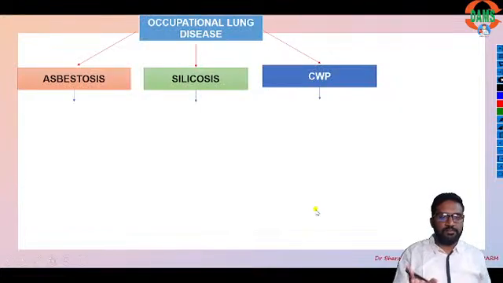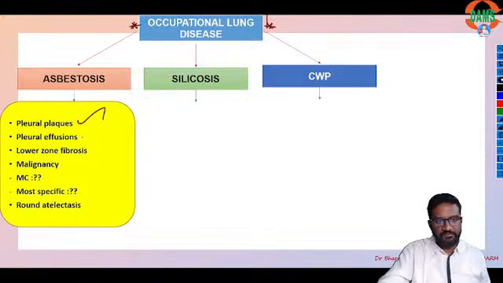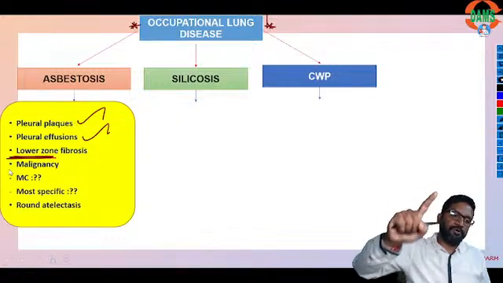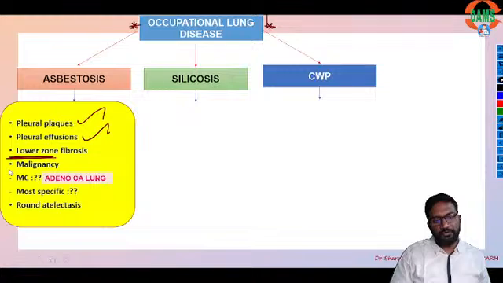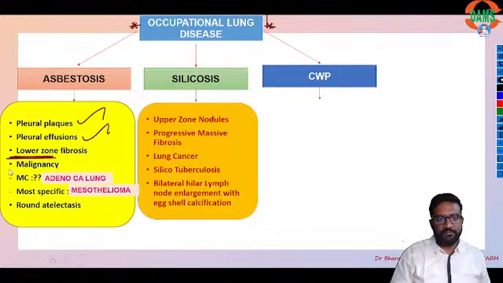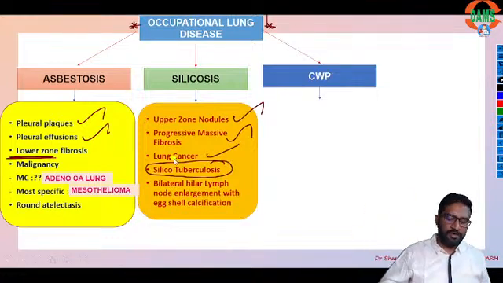And this table will make you confident. What you should know regarding occupational lung disease is again an INICET favorite question. Asbestosis: pleural plaques, pleural effusion, lower zone fibrosis. Now tell me, the most common malignancy is not mesothelioma. It is adenocarcinoma. Most specific is only mesothelioma. Silicosis: upper zone nodules, upper zone fibrosis, lung cancer, tuberculosis, because silica particles can damage alveolar macrophages.